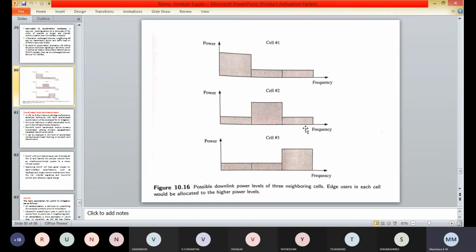The LTE system defines the E node B power restriction signaling in the downlink, which is a bitmap termed the relative narrowband transmit power, that is the RNTP indicator, that can be exchanged between the E node Bs over the X2 interface.